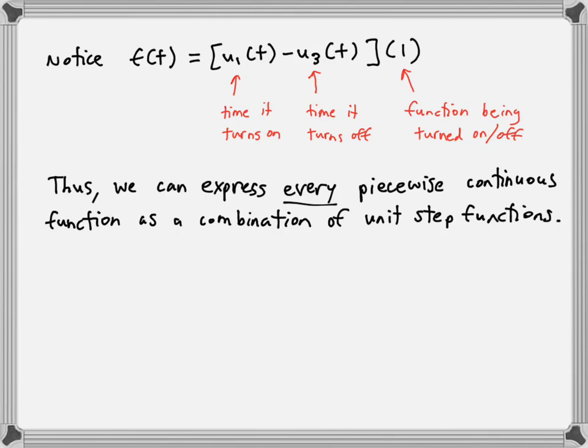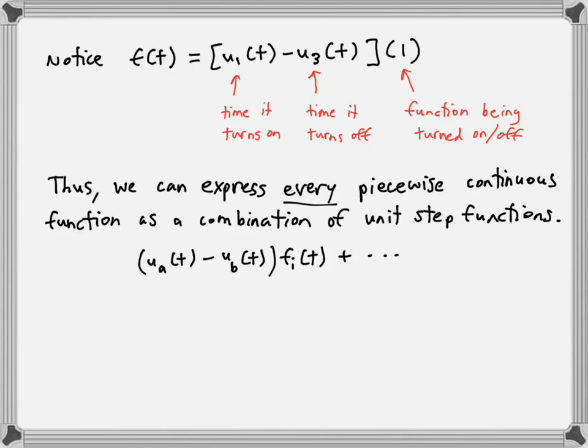Okay? The idea is that you would take UA of t minus UB of t, and then you would have some function which we can call fi of t, whichever function that we're turning on at that step. And so you could just keep doing this, right?